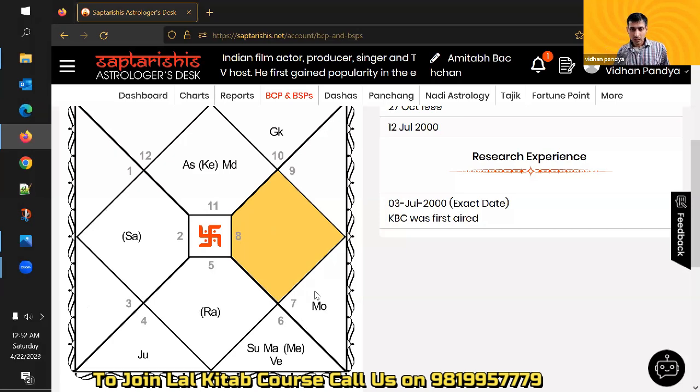Because the 9th house is 12th from the 10th house, and your 5th house is 8th from the 10th house. So anytime your 5th house or 9th house is activated, it is a time for you to change the track in your career profession. And that's what happened to Amitabh Bachchan also. He filed for bankruptcy.